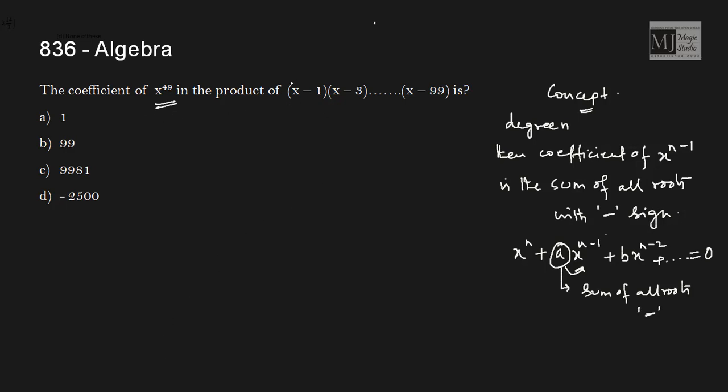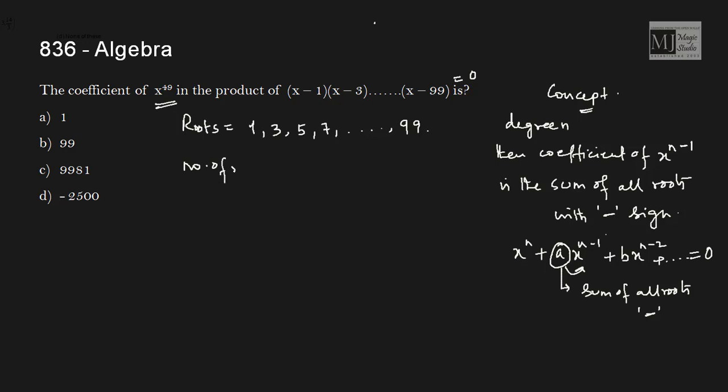Now, if I make this polynomial equate to 0, then what would be the roots of this equation? Roots of this equation would be 1, 3, 5, 7 till 99. So how many roots do we have?